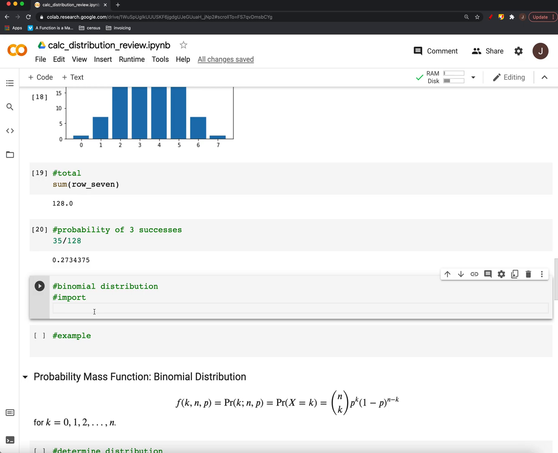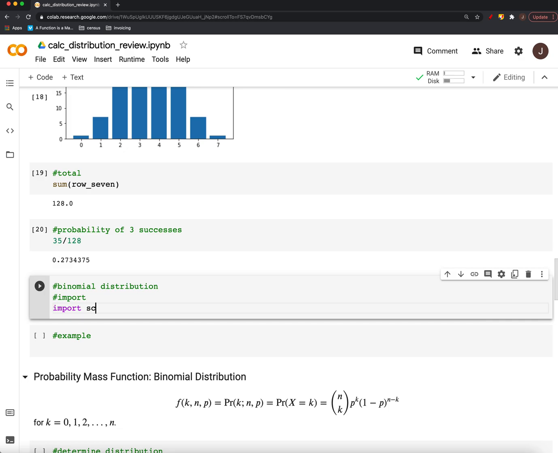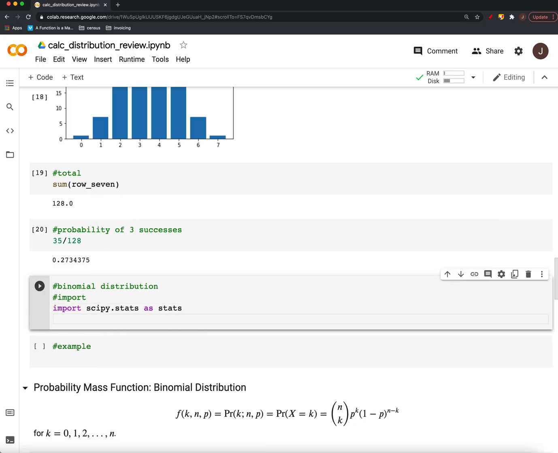So we could do the same thing with a built-in function from Python. Again, we won't have to build out the triangle and actually enumerate it. We can define a binomial distribution here. So first we're going to import scipy.stats as stats, and then I'm going to define a binomial distribution with stats.binom, and I will say 7 coins with probability of success of 0.5.